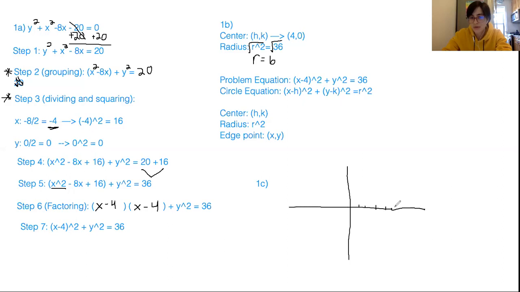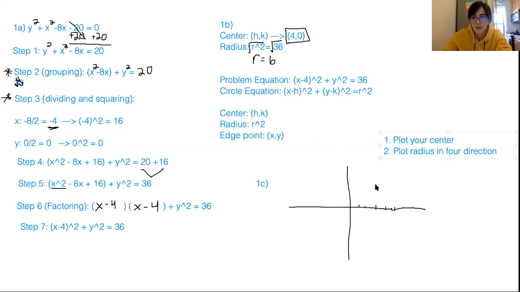I'm not going to plot this whole thing for you, but in order to plot the circle, you're going to want to take the center point you found, plot your center, okay? So plot your center. Then you're going to draw or plot radius going up, right, down, and left.